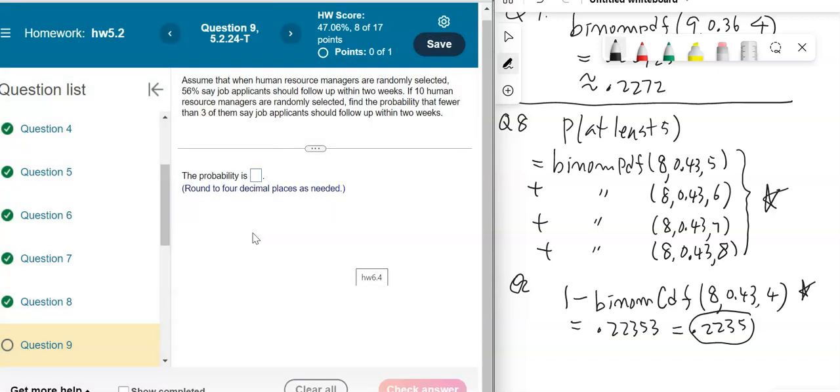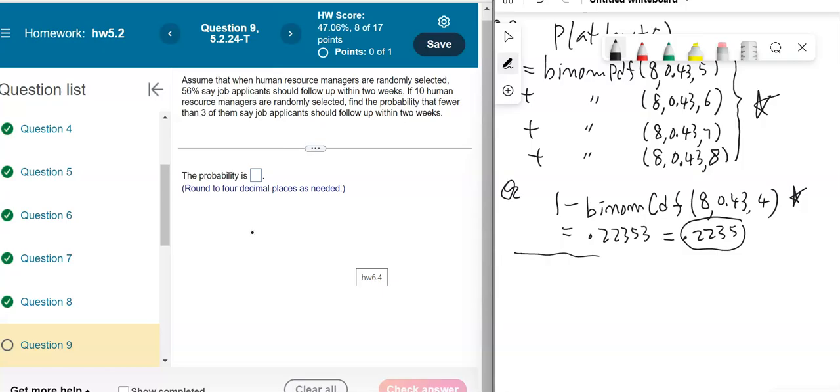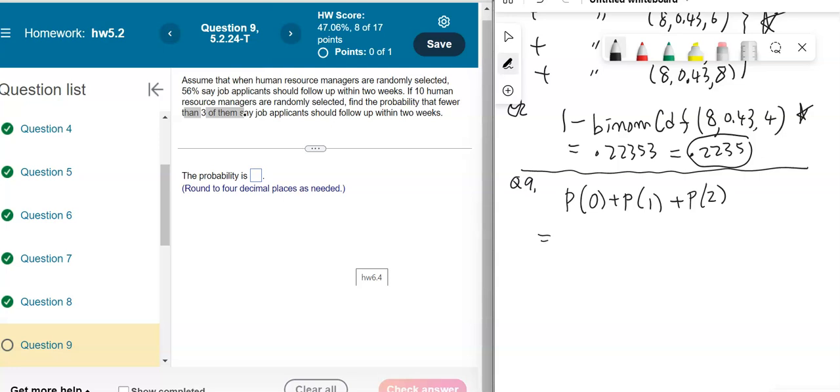Now question 9. Assume that human resource managers, okay, it's almost the same question. Find the probability that fewer than 3. Fewer than 3 means probability of 0 plus probability of 1 plus probability of 2. We can now use binom CDF. Binom CDF of how many? 10, 0.56, up to 2.